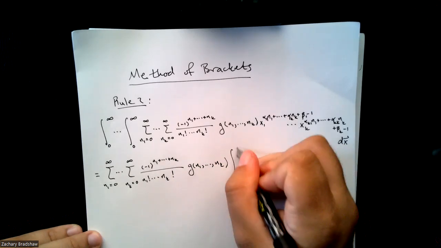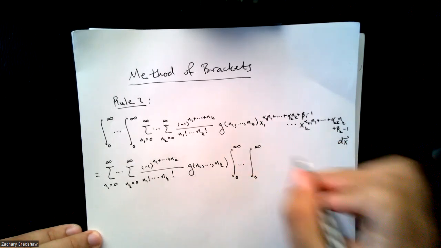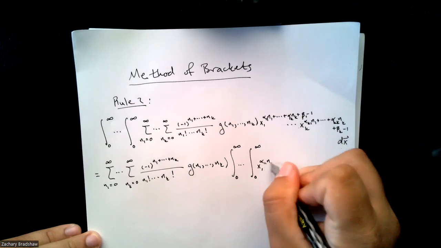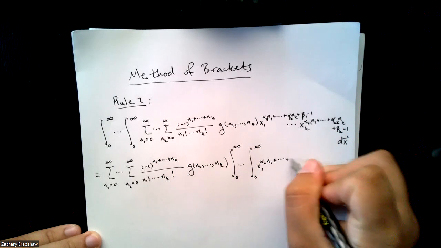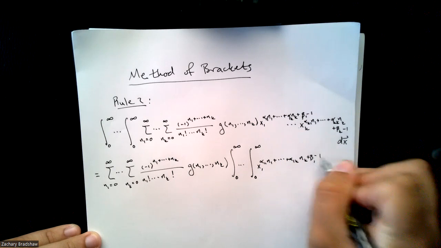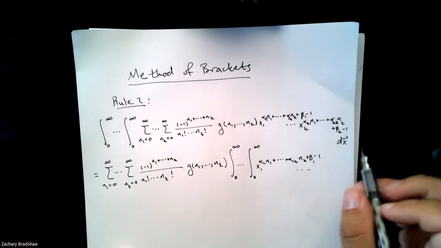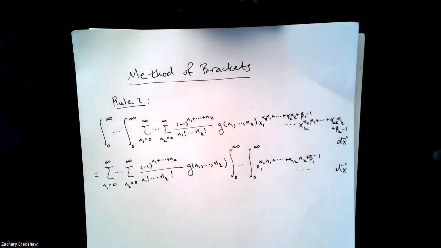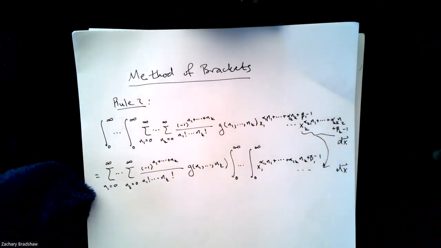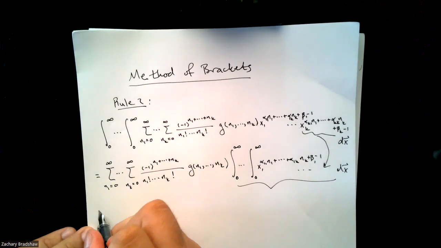We're left with several integrals of x1 to the alpha 1, 1, n1, and so on. And instead of writing all the other ones, I'll assume you get the point here. And there's some other stuff and a dx. Okay. So what's left here is several brackets.